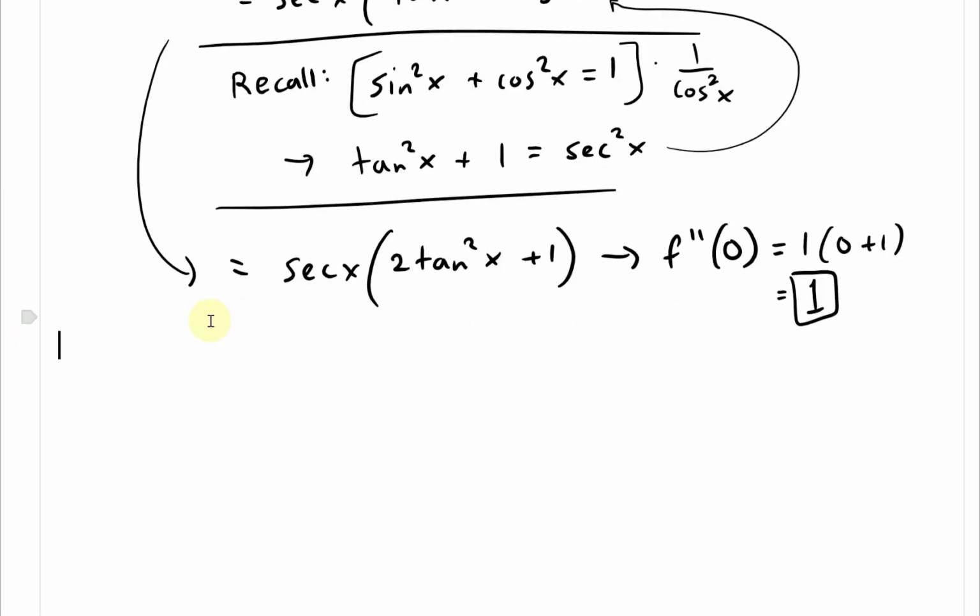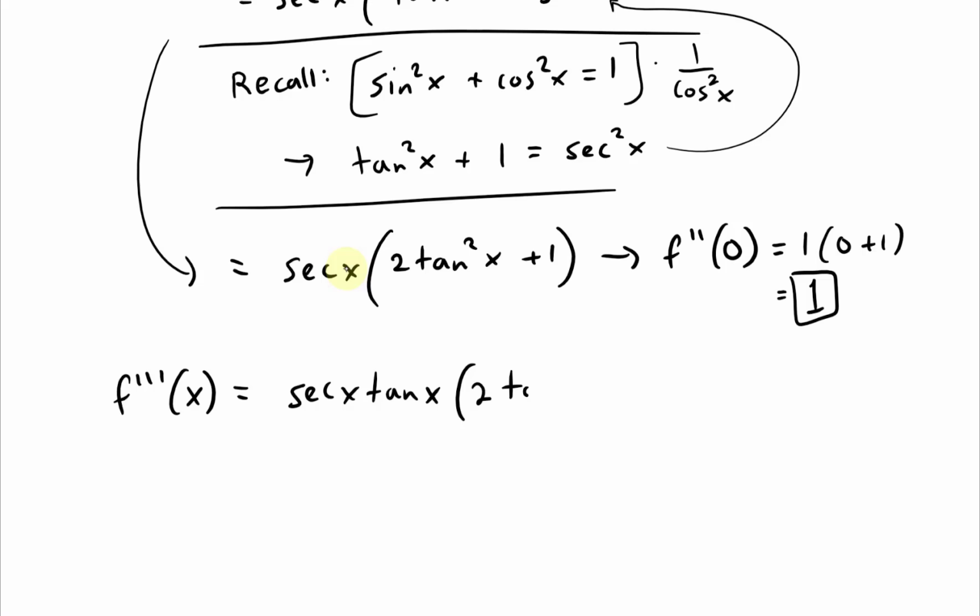Alright, so now that we have that, let's take the derivative again, and we're going to get the third derivative of x is equal to, and take the derivative using product rule here. So secant x, the derivative of that is going to be secant x tan x, and then multiply this by 2 tan squared x plus 1, and then multiplied by the derivative of this inside one.